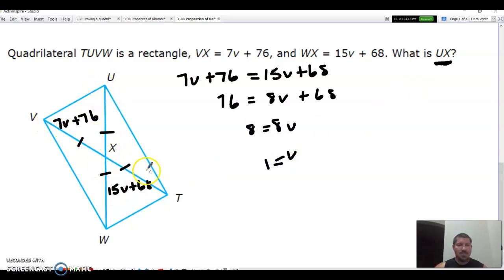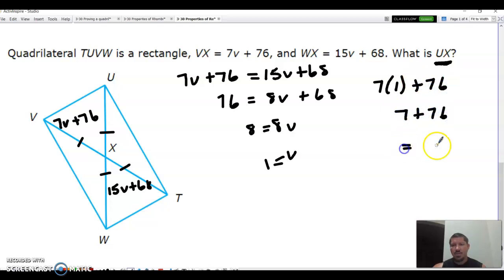Well, all 4 are congruent to each other, so I can use either one of these. So 7 times 1 plus 76 is 7 plus 76, or 83. There's the length of each of those parts of the diagonal. So just make sure you read very carefully about what they're looking for.